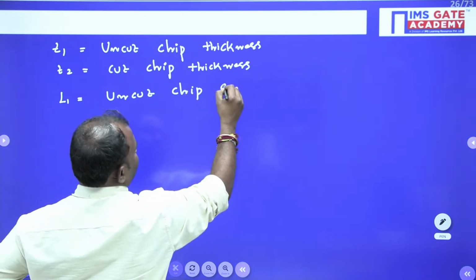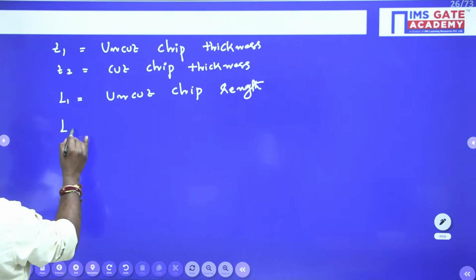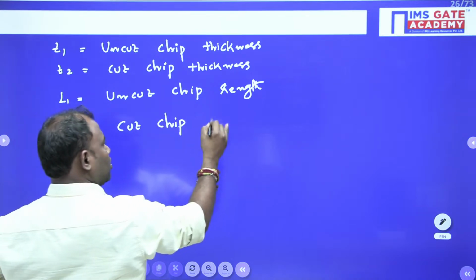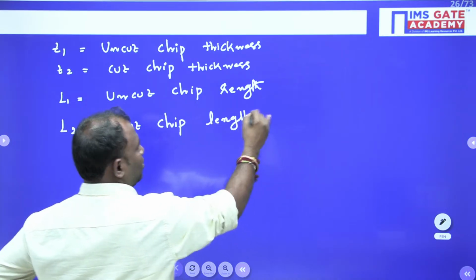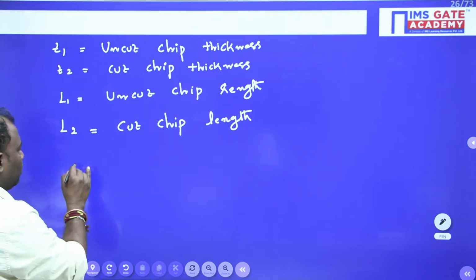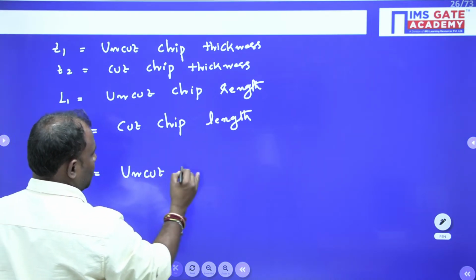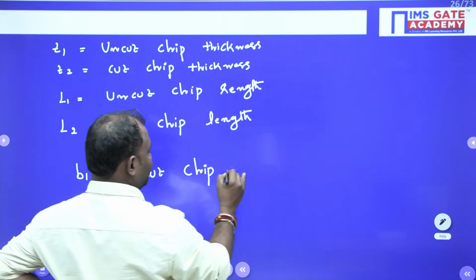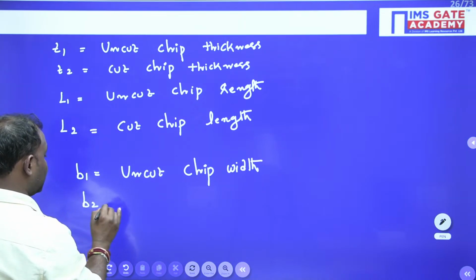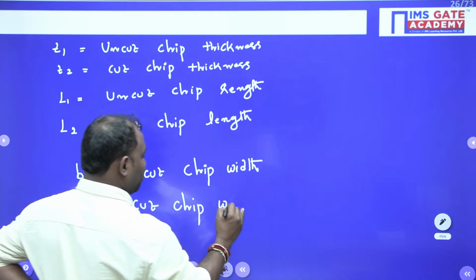L2 is the cut chip length. All right, guys. Again, B1 is the uncut chip width, and B2 is the cut chip width.